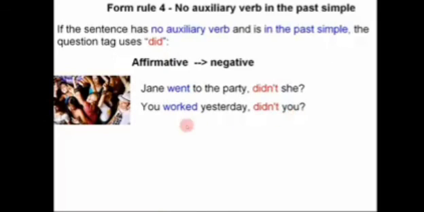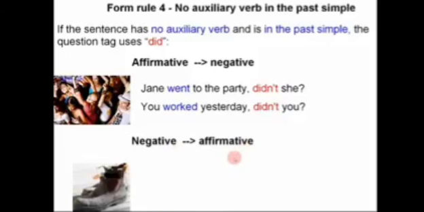The next one. You worked yesterday, didn't you? Now, when we have a negative sentence, look at what the question tag looks like. You didn't clean your boots, did you?